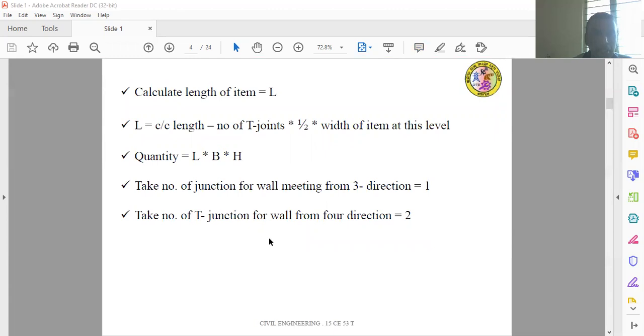Then if walls meet from four directions, just like a plus mark, wall from this direction, this direction, this direction and this direction, the plus mark wall connection will be considered as 2 junctions.